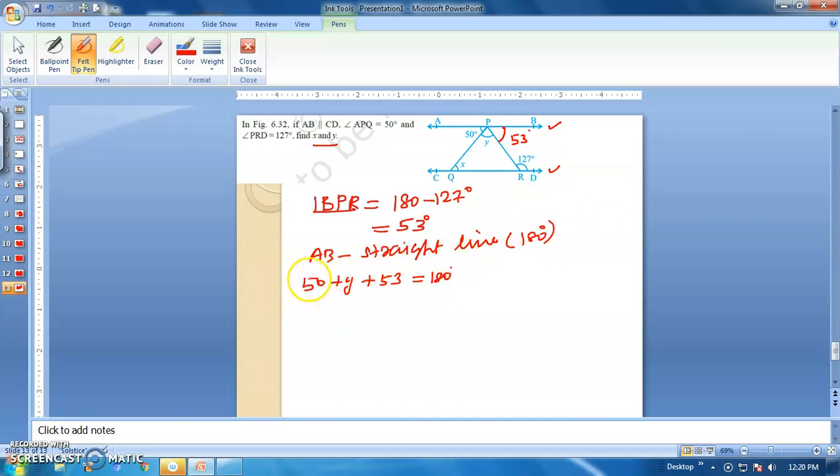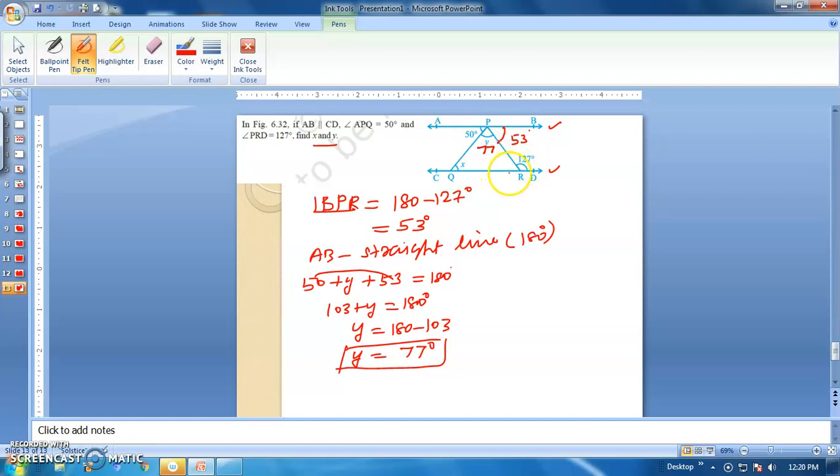So now add these two. 53 plus 50 is 103, plus Y equal to 180 degrees. So Y equal to 180 minus 103. So Y equal to 77 degrees. Sorry, 77 degrees alone, not 170 degrees. So 77 degrees. Okay. So this is nothing but 77.